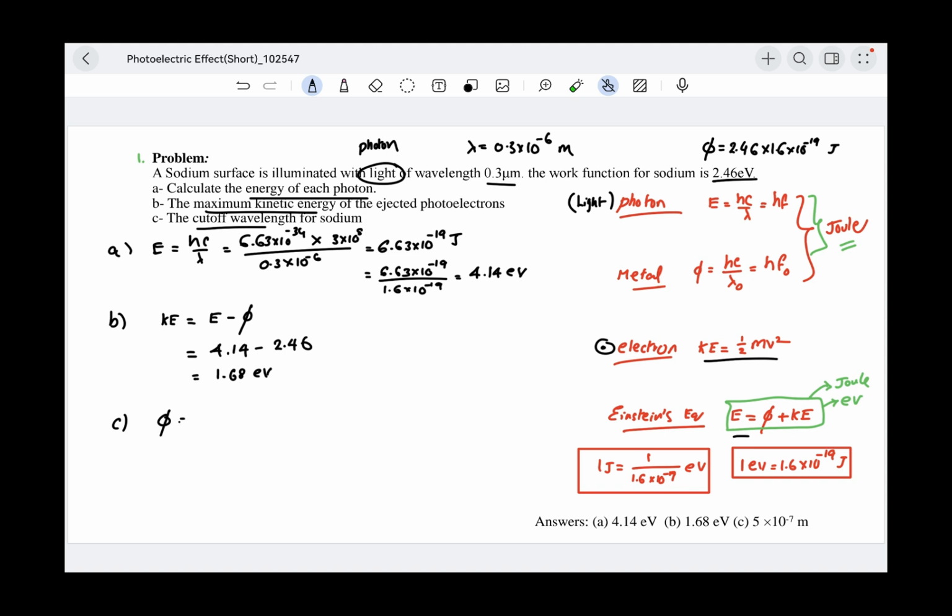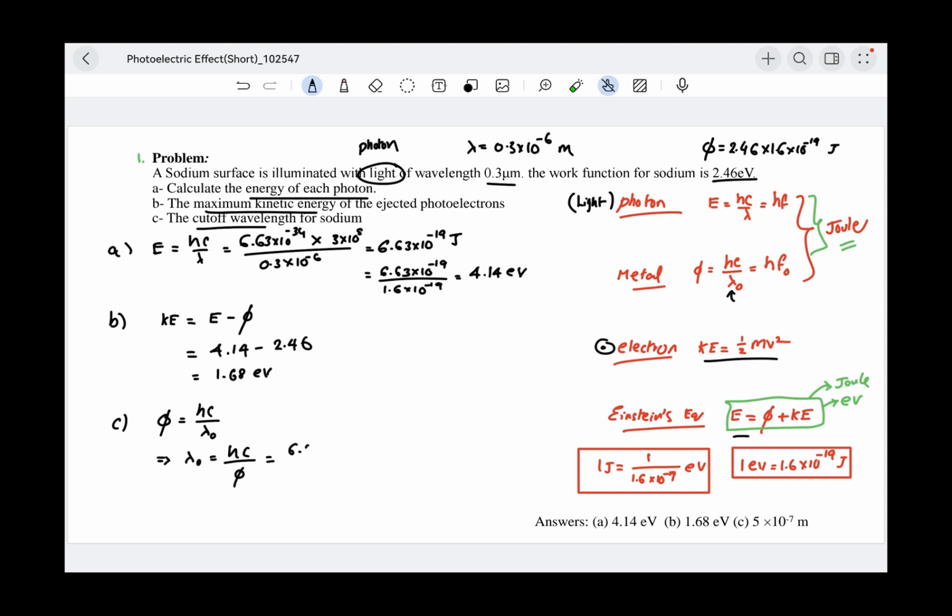The third one, cutoff wavelength for the sodium. Cutoff wavelength means lambda naught we have to find, from the work function. So hc by work function is equal to hc by lambda naught. From this, lambda naught equals hc by the work function.